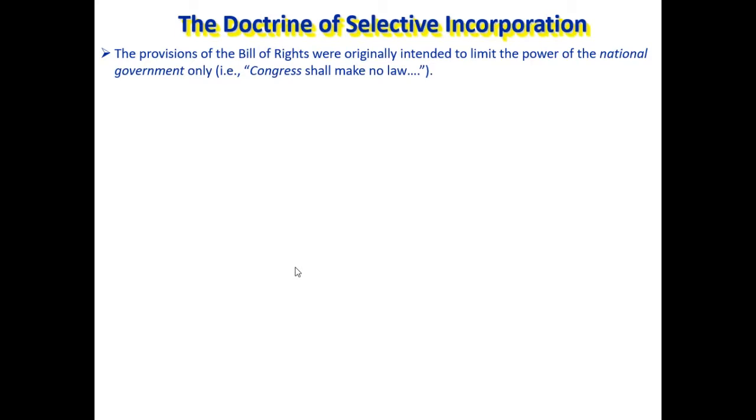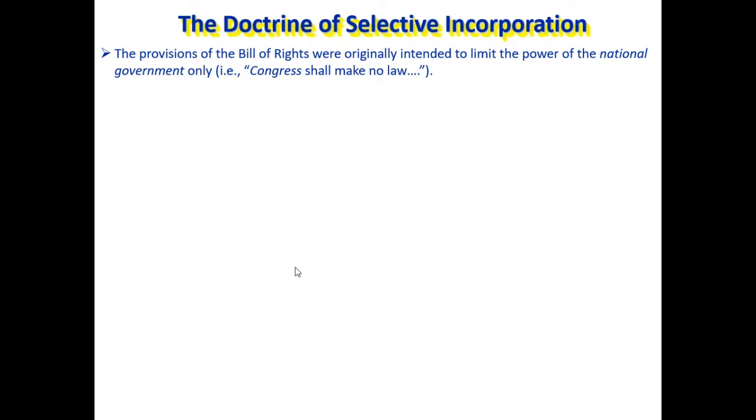Okay? I'm taking just a few minutes here. Again, this is sort of an extended digression, but I have to lay the groundwork so that everybody has a better understanding of why the provisions of the Bill of Rights are relevant to criminal justice in Texas.